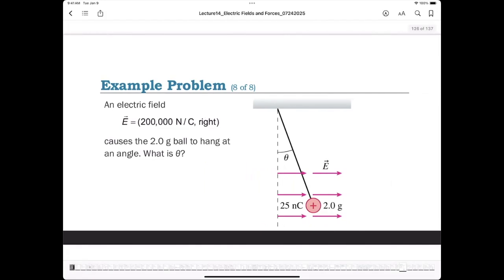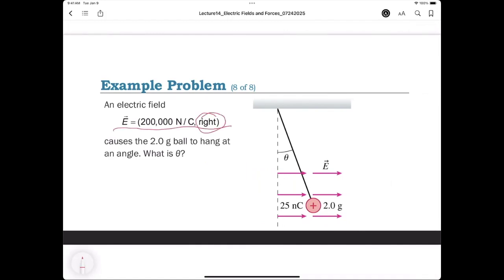Okay, let's talk about an example problem. I will also give you some hints and suggestions, and you need to solve this problem by yourself. You can see an electrical field, and it has been given with a direction and magnitude. This electric field causes a 2 gram ball to hang at an angle.